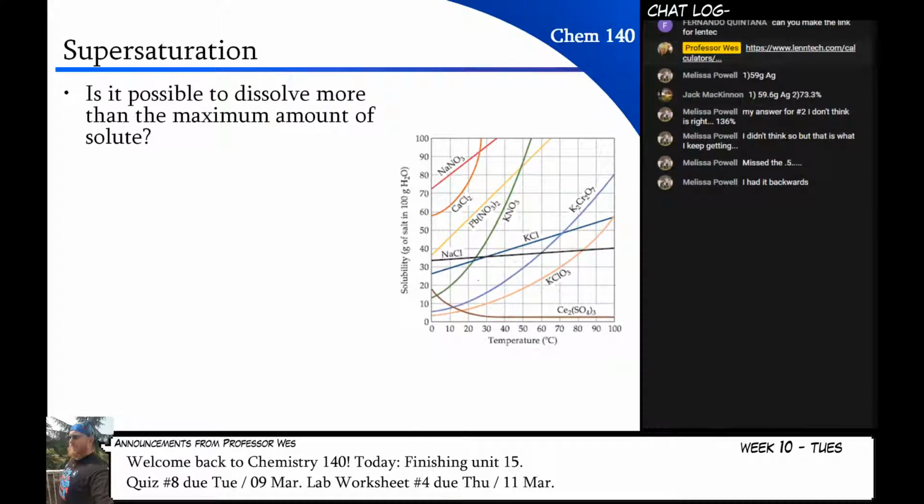Now, looking at this chart here, we can make some analysis, and I'm going to start by looking at this KNO3 graph right here. I'm going to look at these 2 points here.